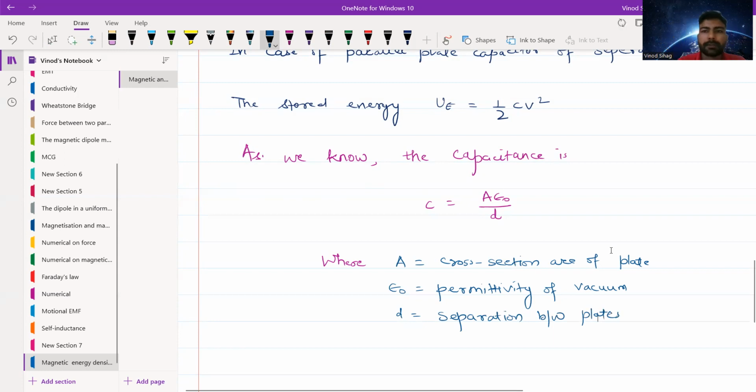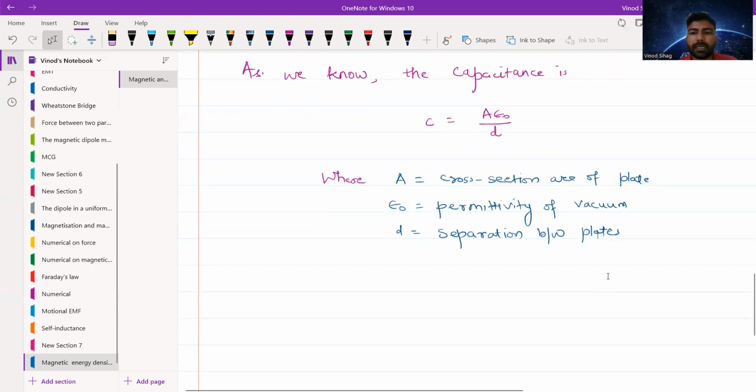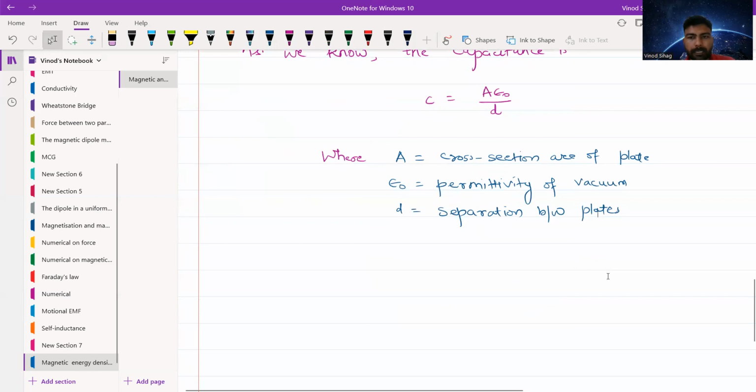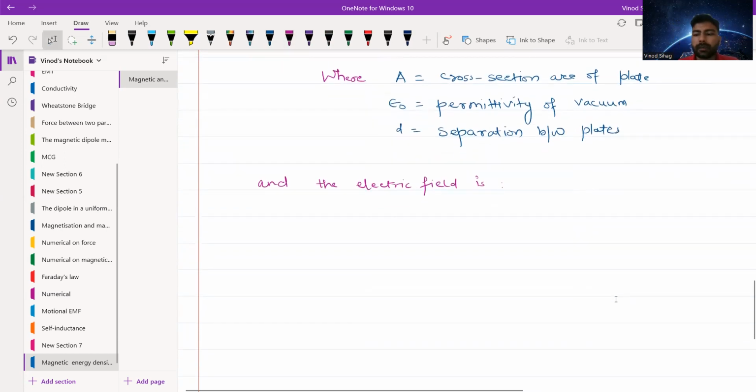And what is the electric field in terms of electric potential? The electric field between the plates of the capacitor is given as E equals V by the separation D, where V is the electric potential.